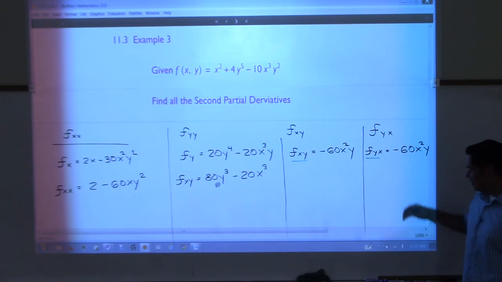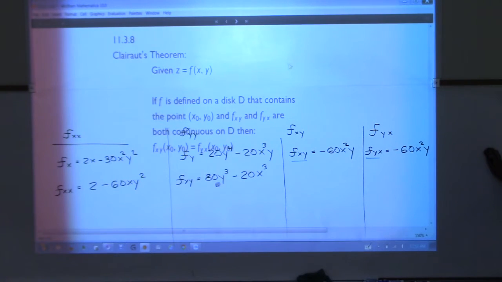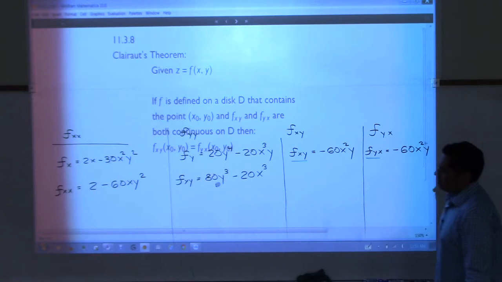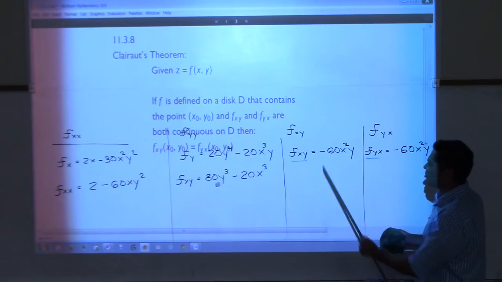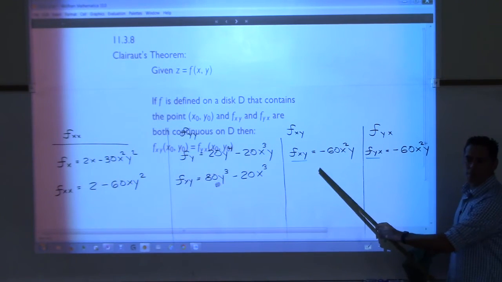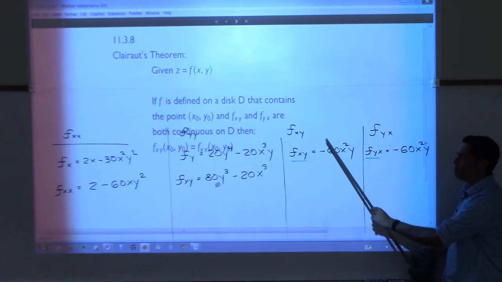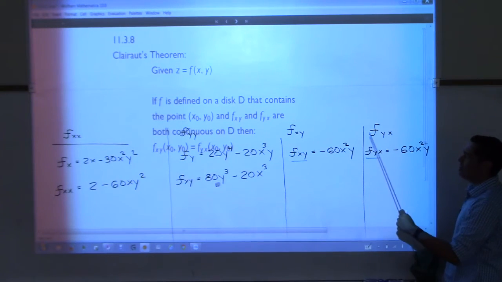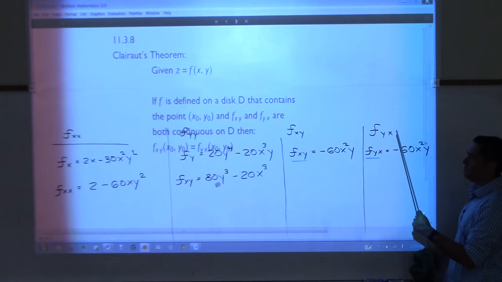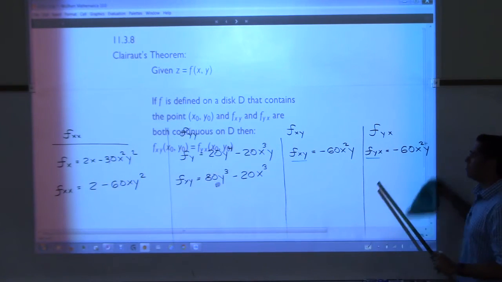So the question is, is that always true? Are these always the same? Not always, but we have a little theorem here: Clairaut's theorem. The question was, is this always going to happen? Is the partial with respect to x followed by y always the same as the partial with respect to y followed by x?